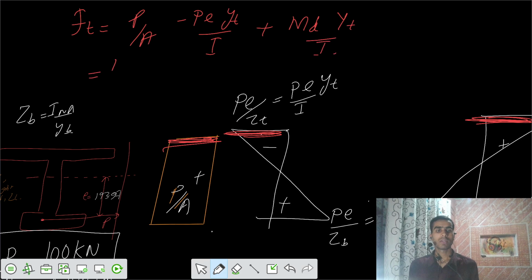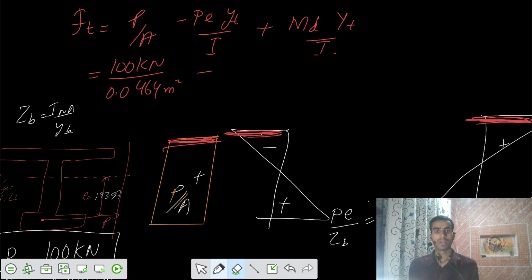Your P value was 100 kilonewton divided by area of the cross section, 0.0464 meters square. And after that you have minus P, 100 kilonewton. Eccentricity was 0.19397, and this was in meters.